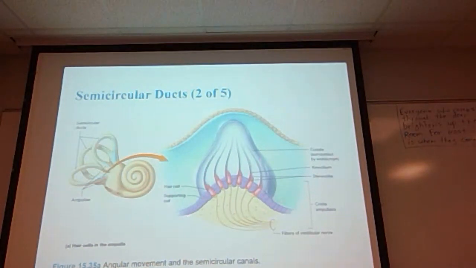Here's the crista ampullaris. There's the cupula, which we'll talk about in a minute. There's the kinocilium and the stereocilia. There's the hair cell. And here are the fibers of the vestibular nerve coming from the semicircular ducts. And again, as the fluid moves, these cupulas will bend one direction or the other in response to the movement of the head.